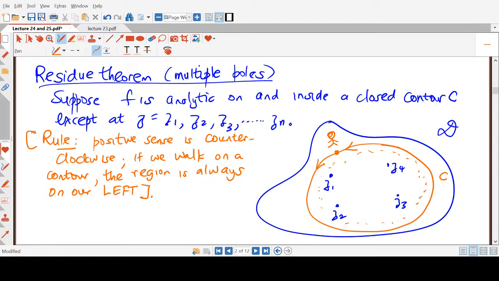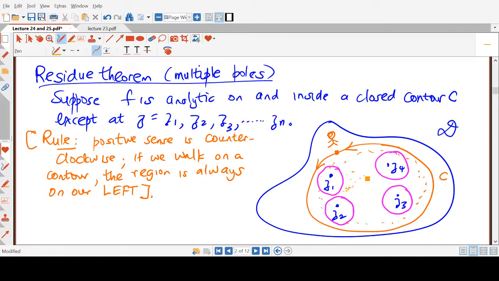Now, to prove this theorem, what we need is to surround each of these bad points by a circle. We surround each of these singular points by a circle. I'm assuming there are 4 of them. So now the region is inside there.